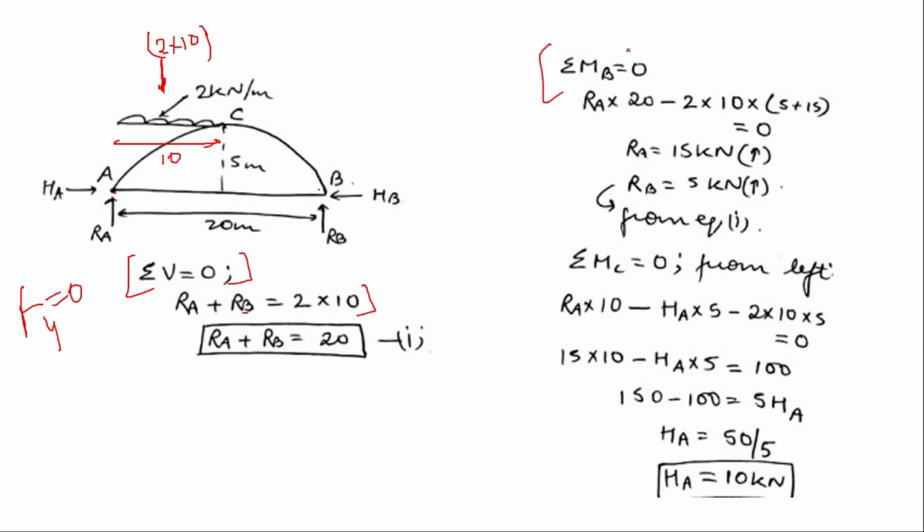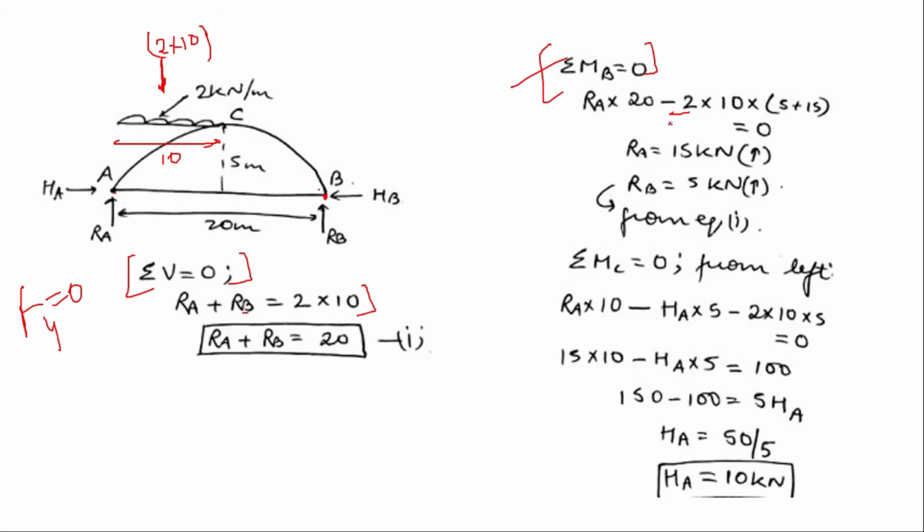Now we have to find out the reactions. If we take the sum of moments at B, as it is a hinge, we can take the moment at B equal to 0. So RA into 20, this distance is 20 meters, then minus, because this will rotate the beam in the clockwise direction, and this loading will rotate the beam in the anti-clockwise direction.